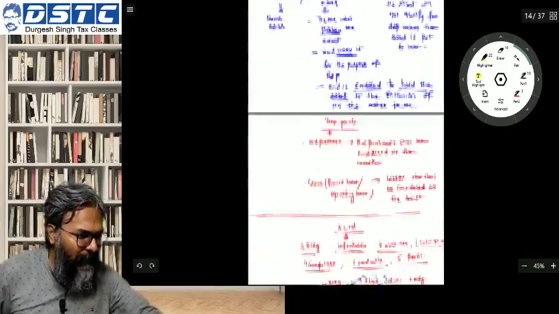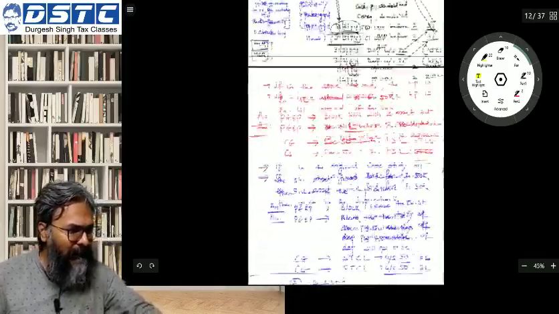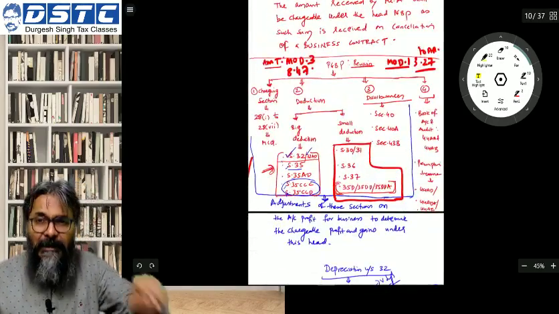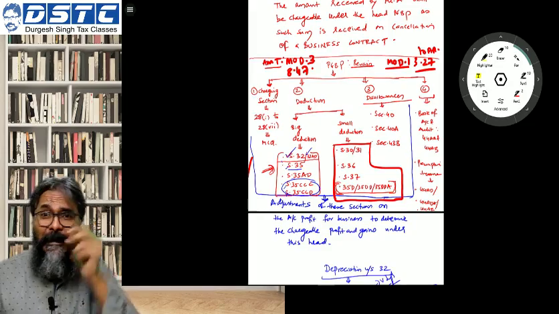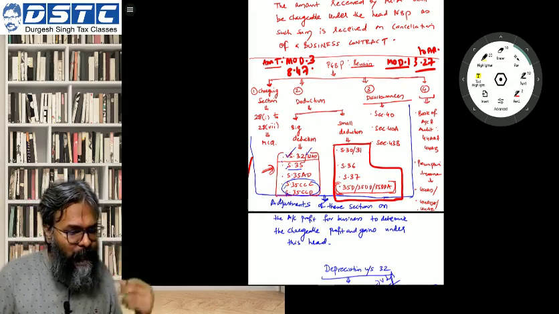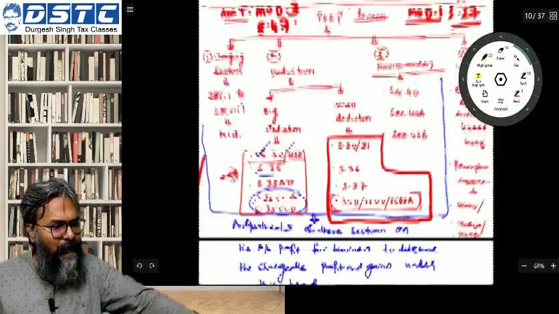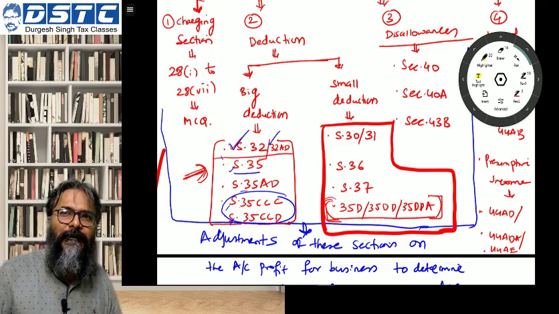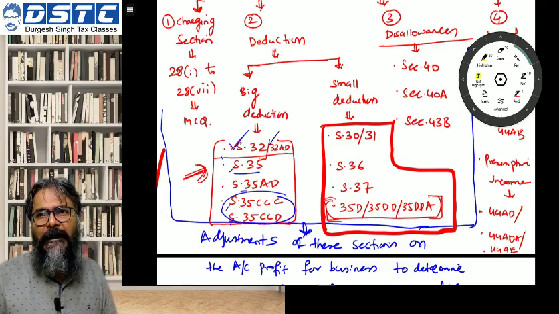As I told you before, we will not invest too much in these small deductions and the disallowances; we will immediately switch over to 10AA and AMT. These are the small deductions to be considered, but we shall first focus upon 10AA and AMT.